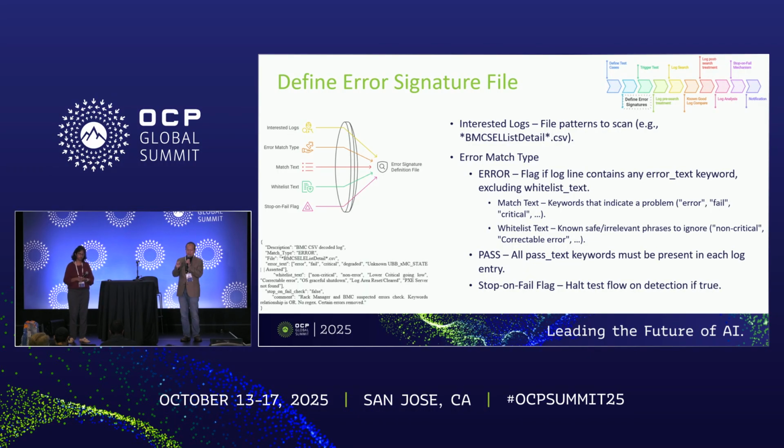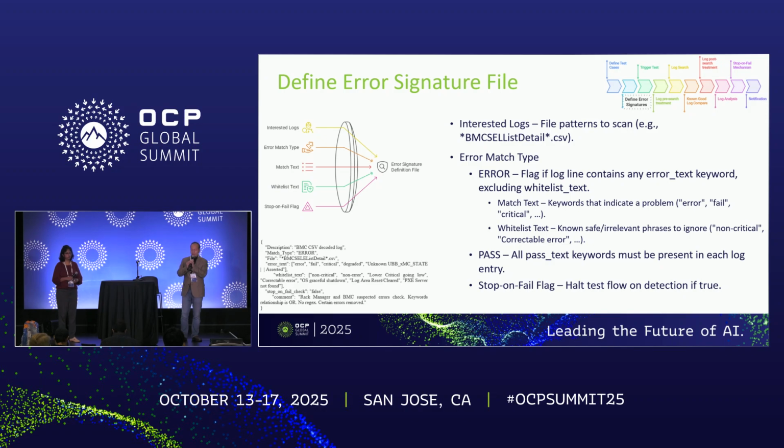Some are very general, like the error keywords, and some are error signature specific. The goal is to define these error signatures, and also, with a whitelist, take off the lines you don't want, and then filter out to have your remaining interested error signature matches.